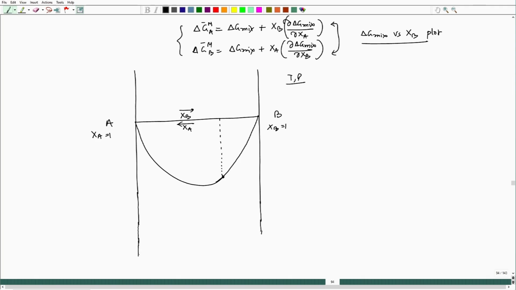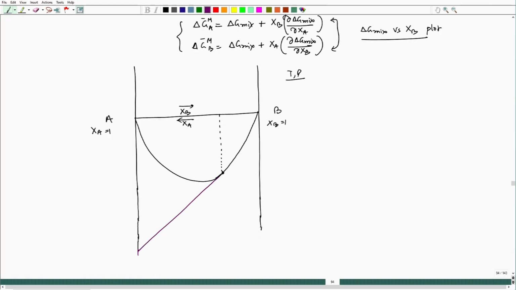If I draw it with this color, this is the tangent I have drawn, and it cuts the pure B axis.